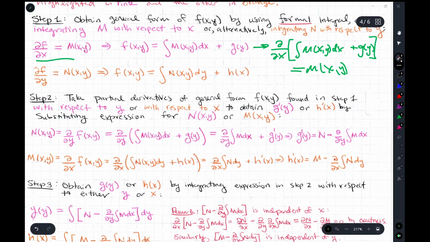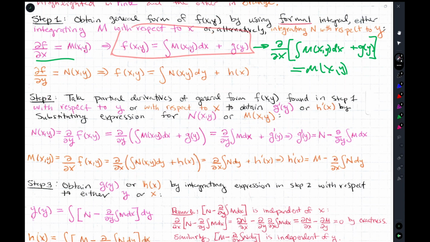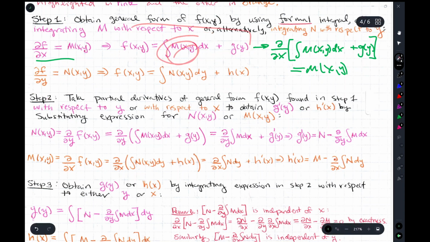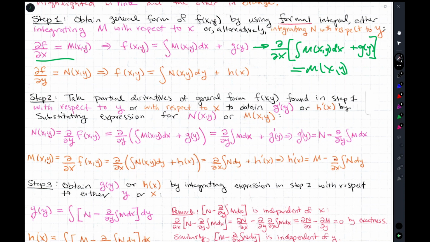Now, in a sense, if you have this, you solve the problem. You have your f of x, y. The problem is you'll have some expression of x and y here, but you don't know what g of y is. So it helps to then look at the other condition, the n side.